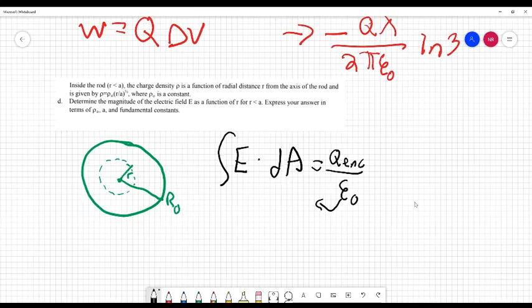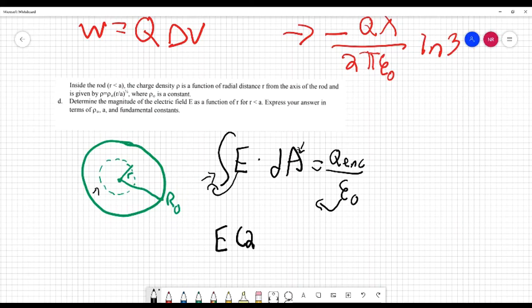And then we can integrate just like we did before. We can move the E out because it's going to be constant everywhere on this Gaussian surface. And then the dA will just integrate to 2 pi r L, which is the surface area of our Gaussian surface. So this becomes E times 2 pi r L times epsilon naught equals Q enclosed.